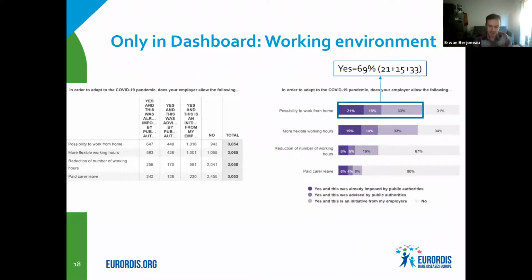we have detailed some answers, and sometimes it's interesting for you, for your advocacy, just to group them. For instance, here we asked, in order to adapt to the COVID-19 pandemic, does your employer allow the following? And the possibility, for instance, to work from home. And we have 3 types of yeses, and we have a no. But the 3 yeses, it's yes every time.